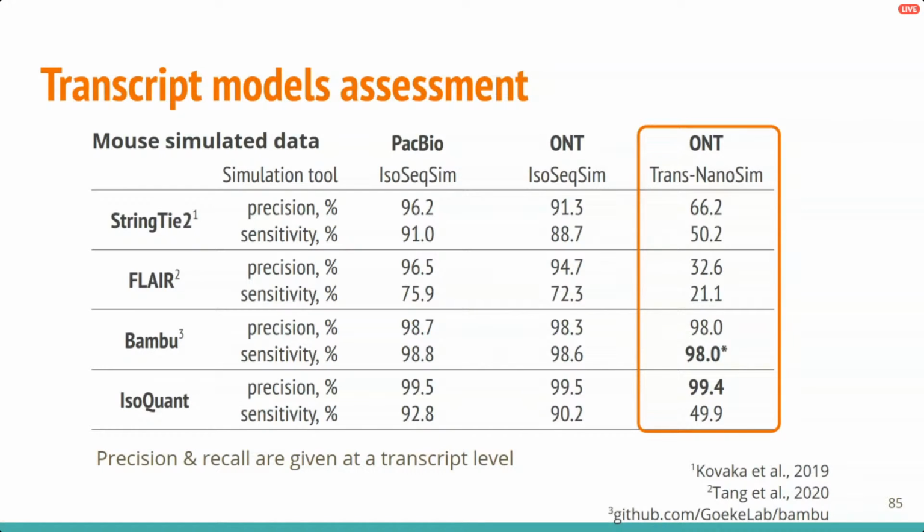It's better to have correct transcript models in your output than to have all transcript models but also a lot of incorrect ones. So for example, Flare and StringTie have precision like 66 and 32. So it means they output a lot of trash transcripts, which is probably not good for your further research when you have false positive calls in your transcript models.